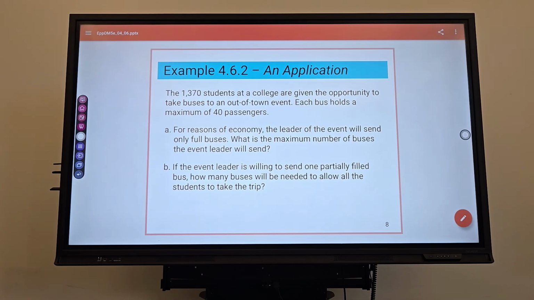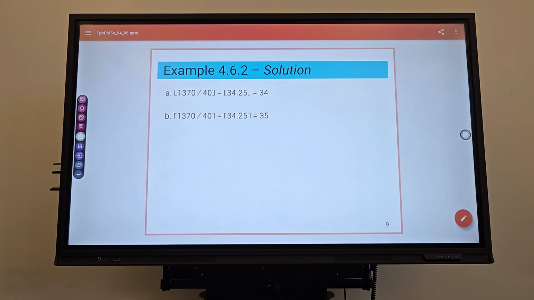Okay, so 34. Okay, so what's the floor value of that? 34. In the event that the leader is willing to send one partially filled bus, how many buses would it take to send all 1,370? 35. Yeah.